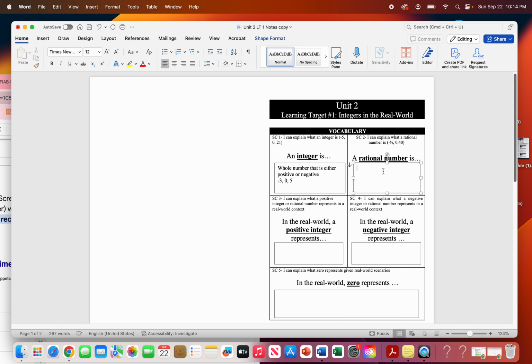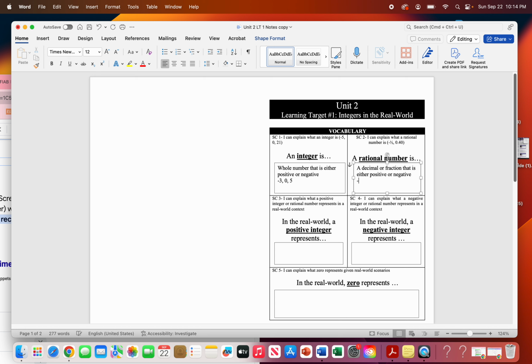Well, let's talk about a rational number for success criteria number 2. A rational number is different than an integer. A rational number is a decimal or fraction that is either positive or negative. So don't forget you're writing this on your notes. If at any time you need to pause the video, please feel free.